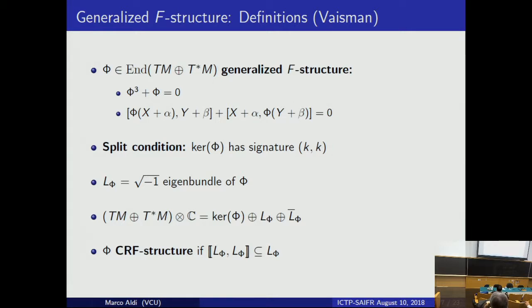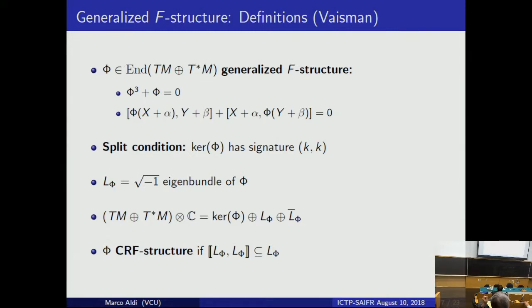Okay, so then we're going to do the same exact thing as we did before. We're going to look at the square root of -1 eigenbundle, and then we're looking at the decomposition of the complexified generalized tangent bundle as a direct sum of the kernel of phi plus the square root of -1 eigenbundle plus its complex conjugate.